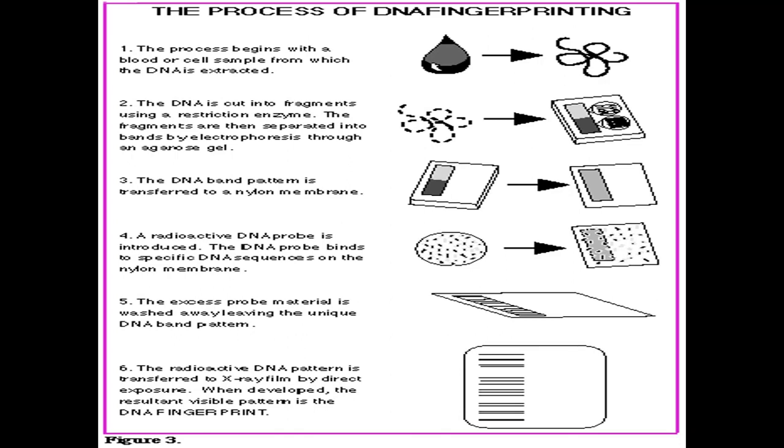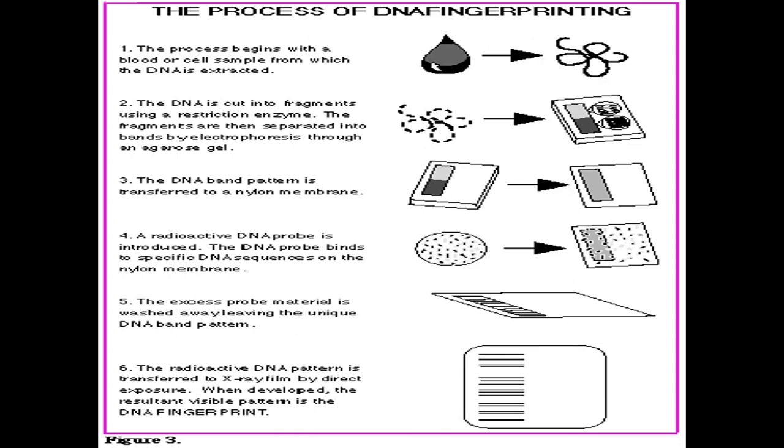The excess probe material is washed away, leaving the unique DNA band patterns. So only the unique DNA band patterns are collected, which are specific for that sample only. The radioactive DNA pattern is transferred to X-ray film by direct exposure.